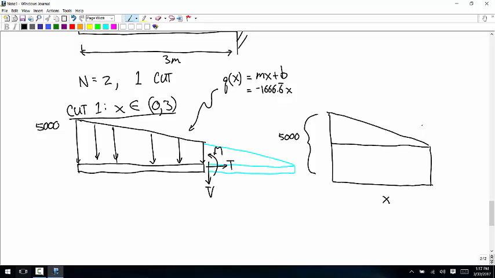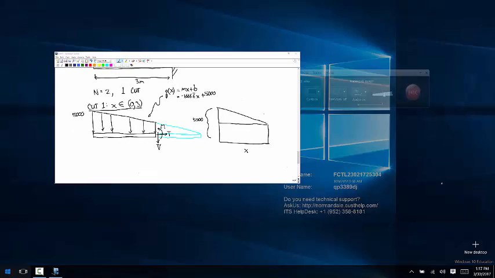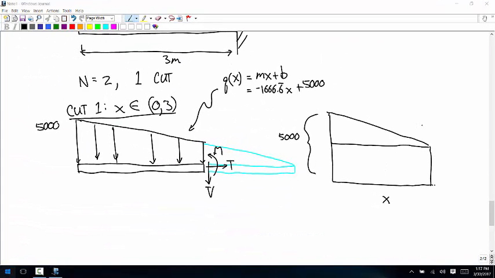Because the left end is x equals 0, and at x equals 0, the height of the distributed load is 5,000. So this function q is negative 1666 x plus 5,000. And that means that the height of this rectangle is negative 1666.6 repeating x plus 5,000.